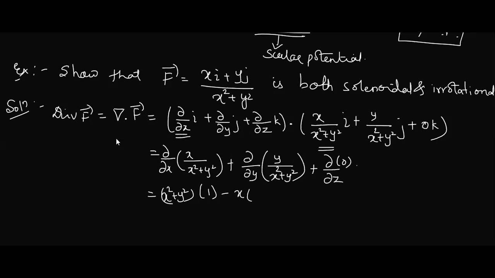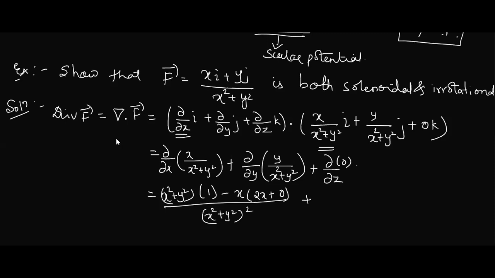The derivative of x square is 2x, plus the derivative of y square is 0, because y square with respect to x is 0. We are doing a partial differentiation. Divided by what do we write? Denominator square.